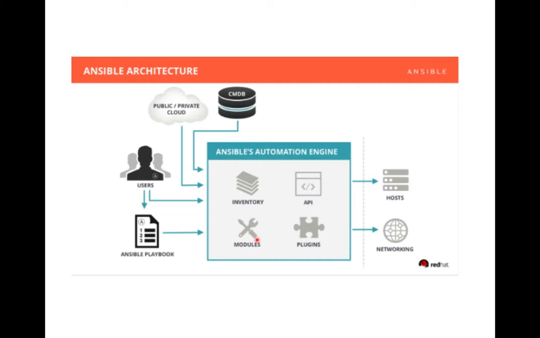If it needs to start a service on a server, it can use a service module. And there are hundreds and hundreds of different modules available that you can use within your playbooks, and we'll see more of that here soon. And then finally, Ansible has an API that we can leverage, and it has plugins that we can leverage to extend the functionality of the Ansible platform even further.